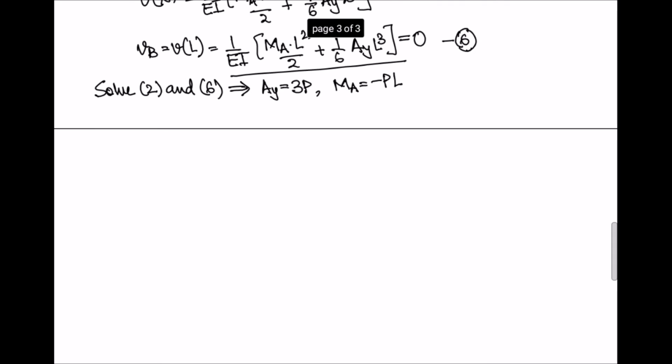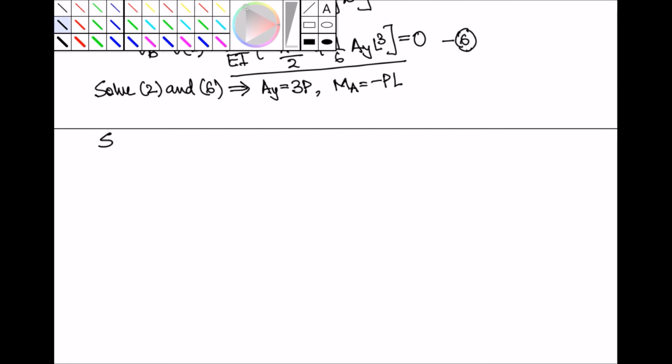So once we substitute A_y into equation 1, we are going to end up with B_y equal to minus 4P.